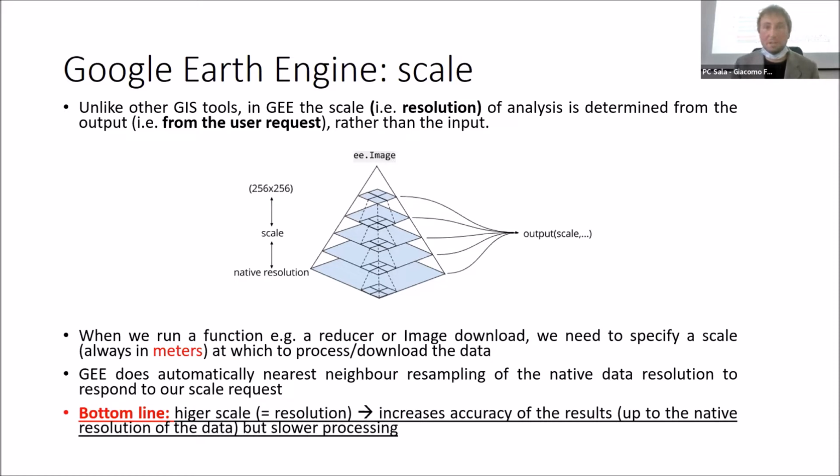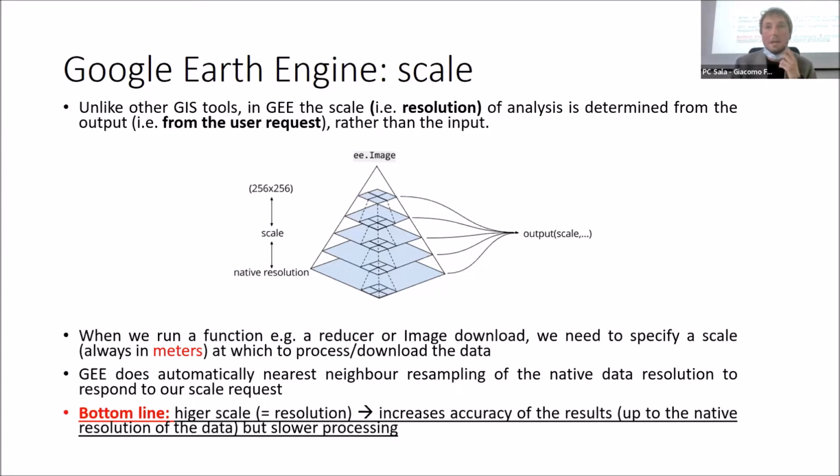I don't know if this is clear. Giacomo, is this scale something which is data specific, or do you have the same range of options for all datasets? Yeah, every dataset has a native resolution, which is the resolution at which the data is measured. For instance, a raster can come with a native resolution of 1 kilometer by 1 kilometer.